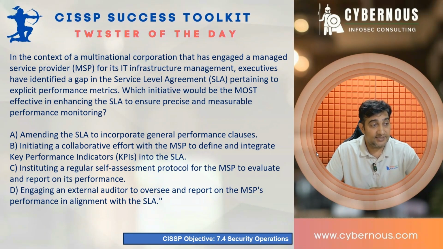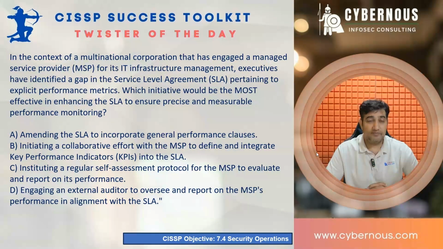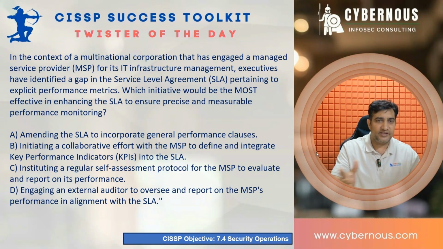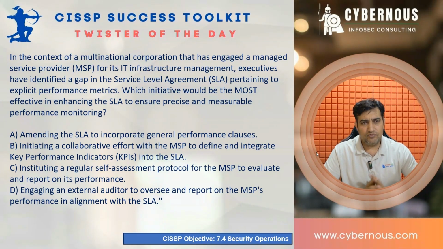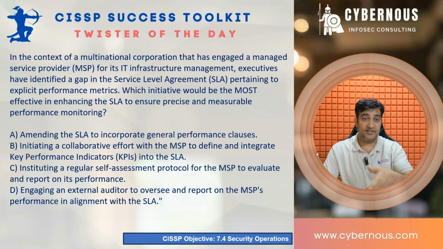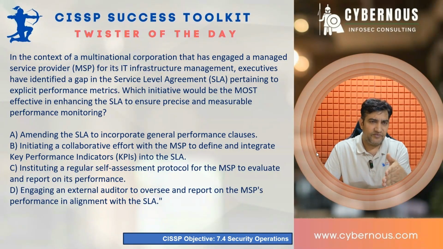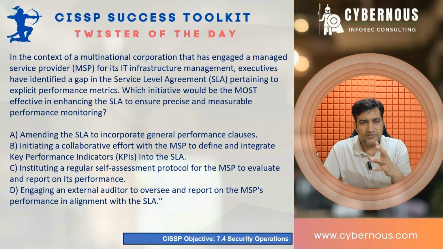Option D is engaging an external auditor to oversee and report on the MSP performance in alignment with the SLA. Sir, engaging an auditor on a constant basis, because you have to monitor the performance not once a year but throughout the year, and hiring an external auditor just for that purpose, is going to be a very costly affair. It's not business logical.